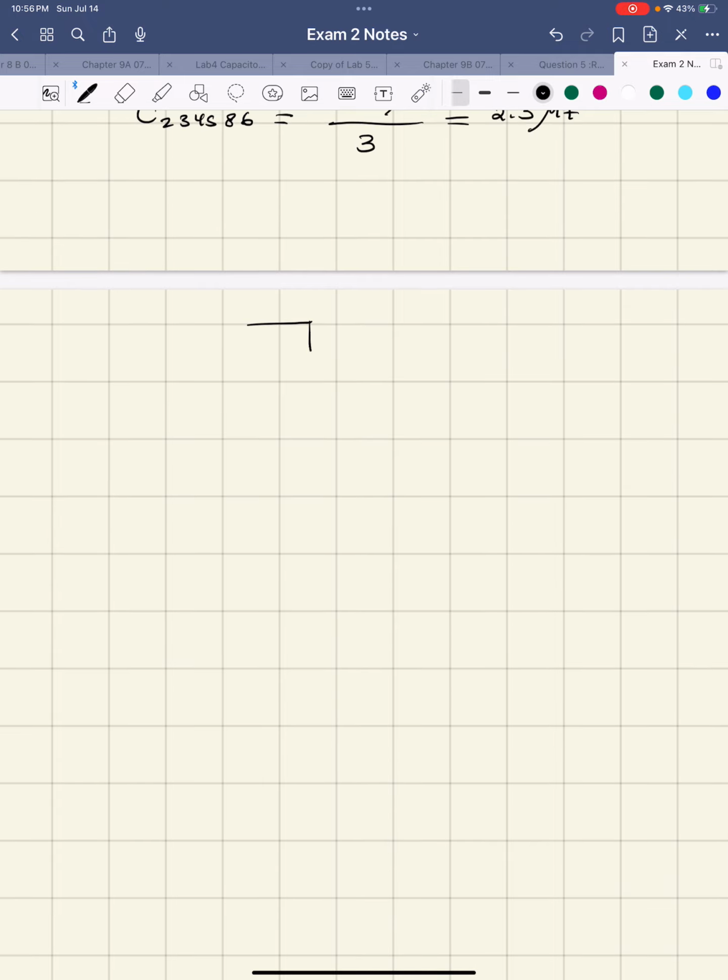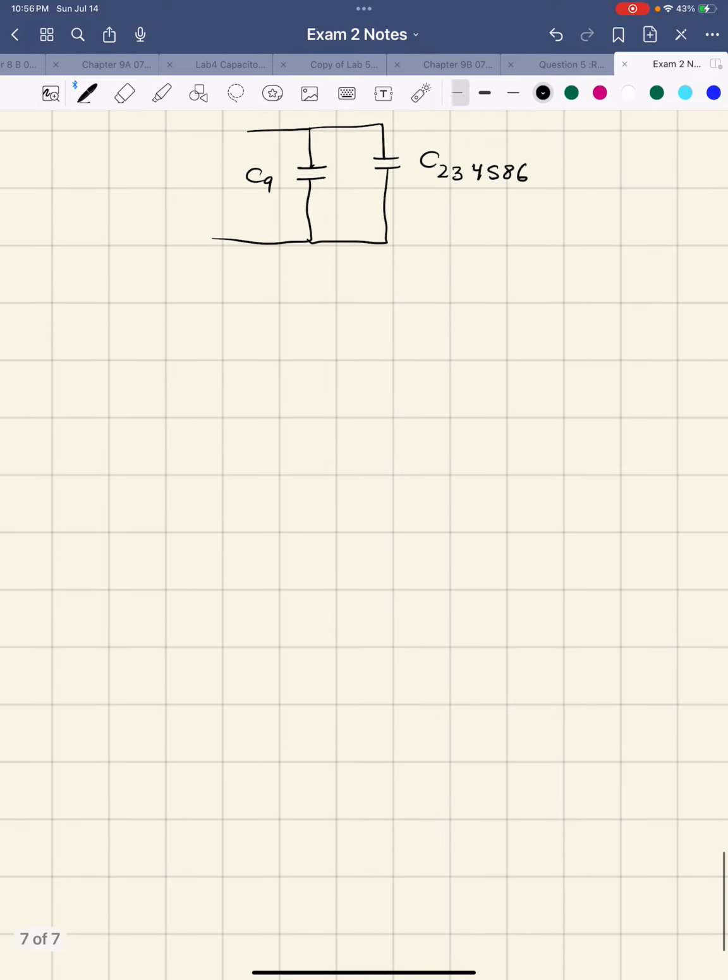Now I can redraw just this part. This is C9, and here I have that capacitor, the equivalent of 2, 3, 4, 5, 8, and 6. C9 and C2,3,4,5,8,6 are in parallel.